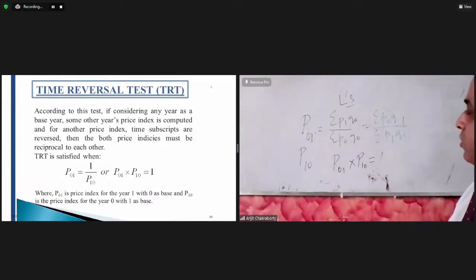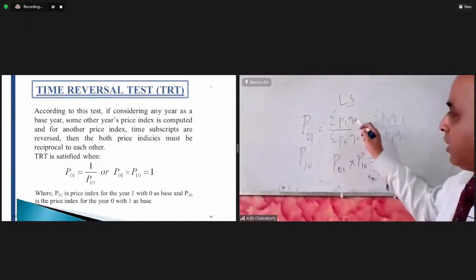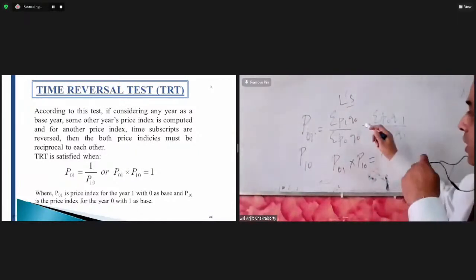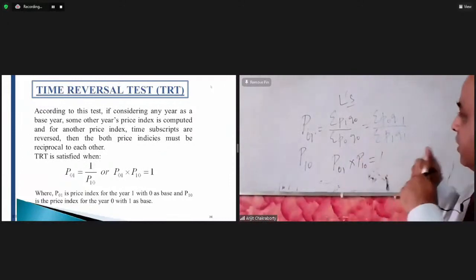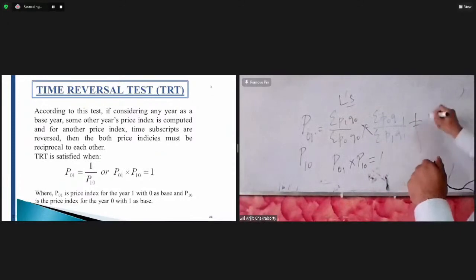Now, if you multiply sigma P1Q0 by P0Q0 into P0Q1 by P1Q1, this will never be equal to 1.